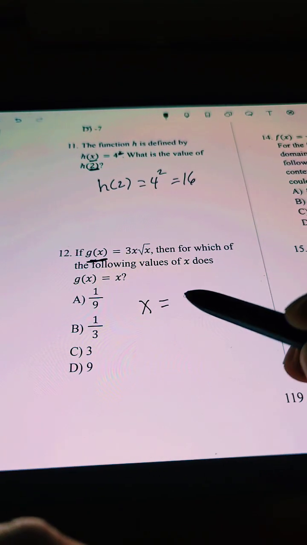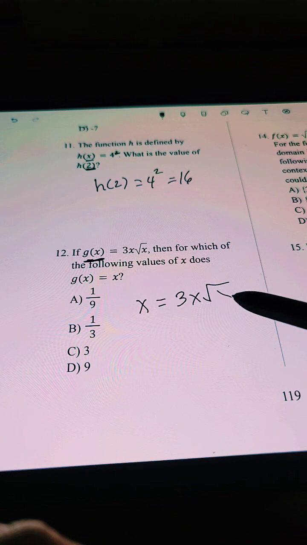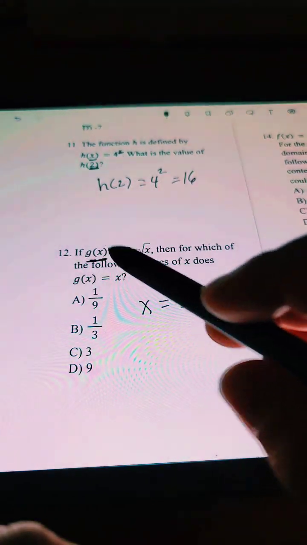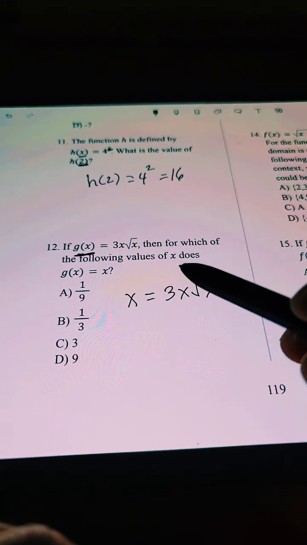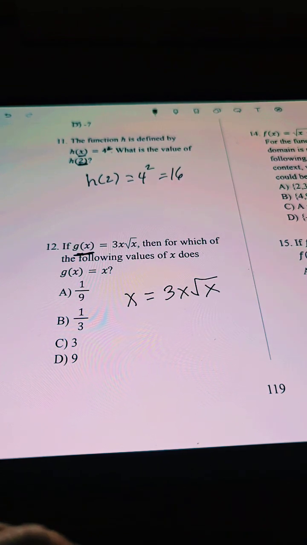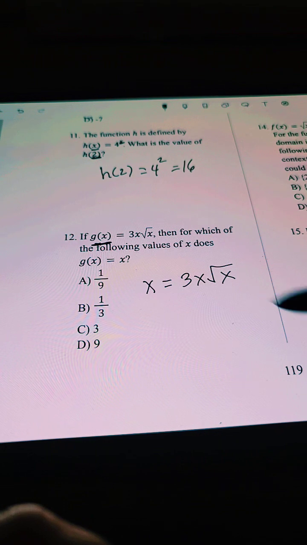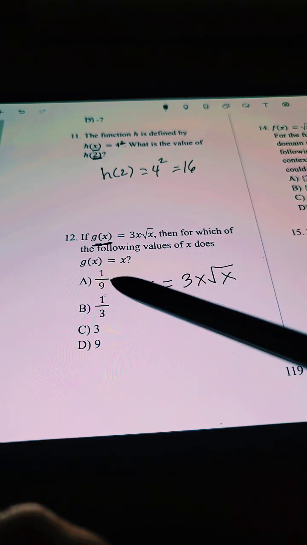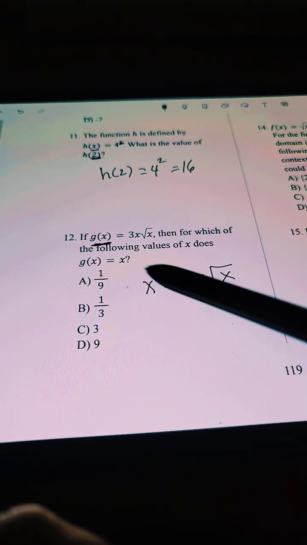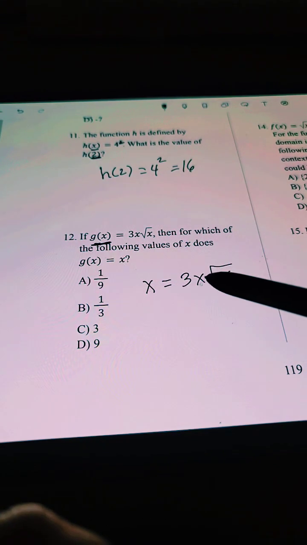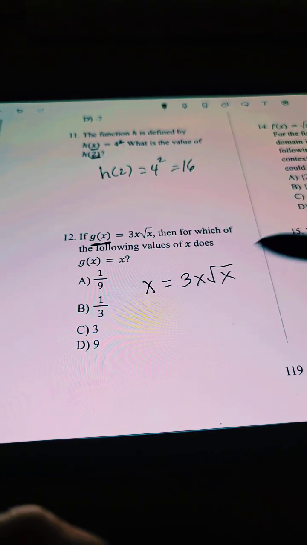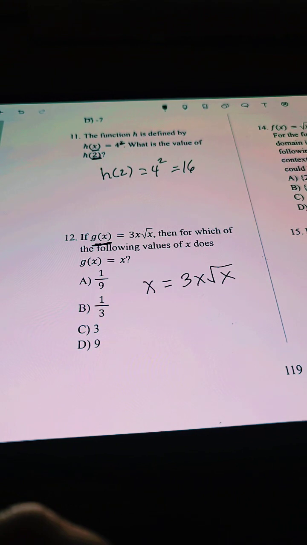So x is equal to 3x root x, because x is the same thing as g of x. And then we figure out, okay, what value of x does this happen for? What you could technically do, if you're bad at solving and isolating variables, is plug in 1/9 there, 1/9 there, and 1/9 there, and see if this works. And you could do that for each of the answer choices.